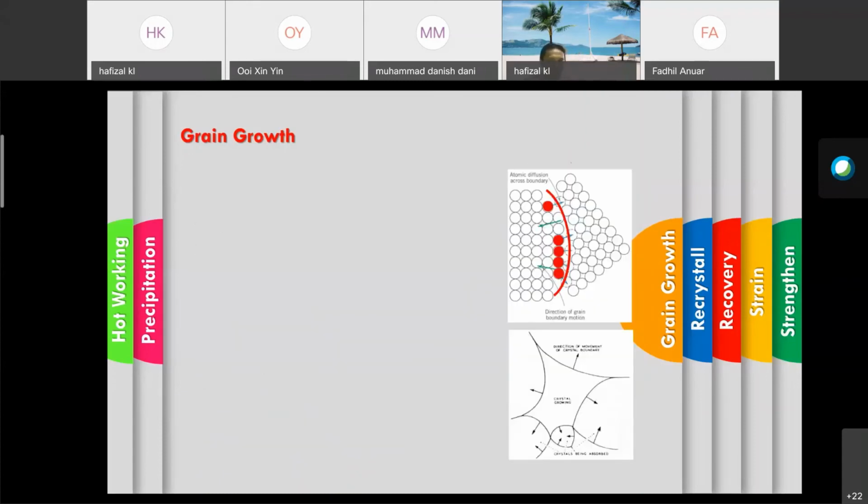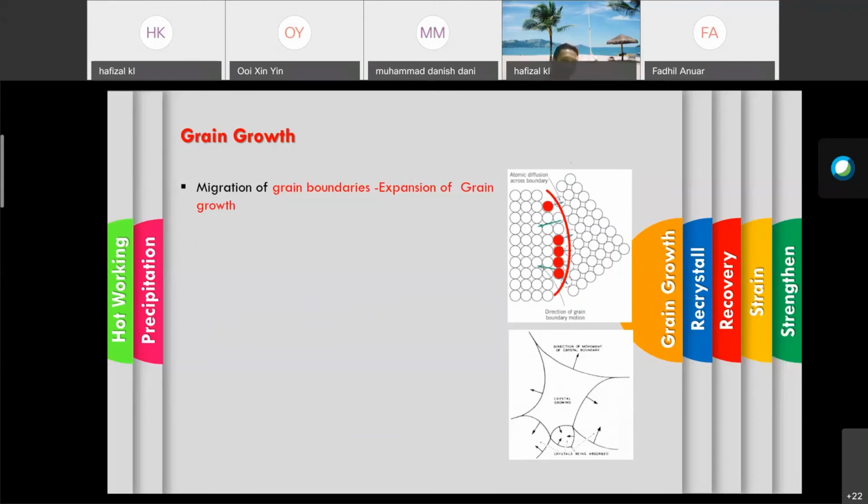If you look at grain growth from the microscopic point of view, the grain boundary expansion is related to the diffusion that we learned in the previous chapter.